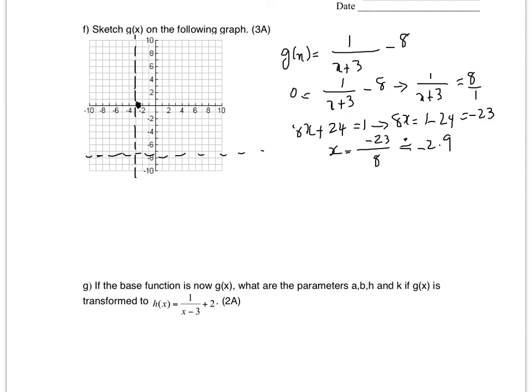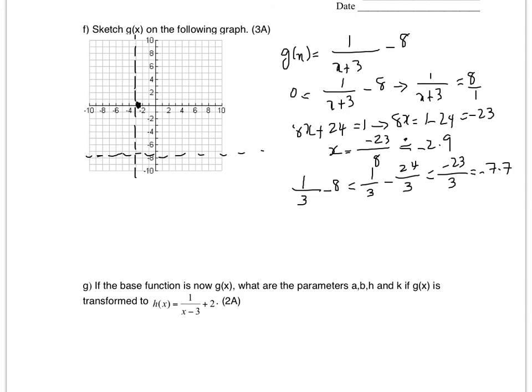And for the y-intercept, I'm going to set x equal to 0, so I'm going to get 1 over 3 minus 8, which is 1 over 3 minus 24 over 3, which is going to give me minus 23 over 3, which is negative 7.7.